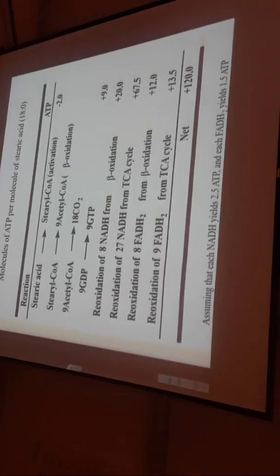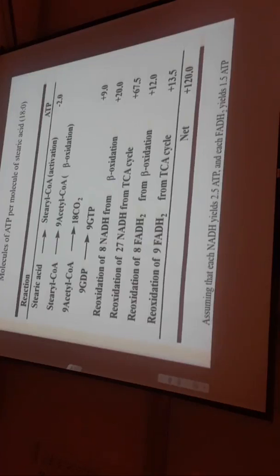So what I want you to do is to be able to calculate the net energy yield of fatty acids, at least saturated fatty acids, regardless of the lengths of these fatty acids. So you have to understand the underlying principles of how you calculate this.